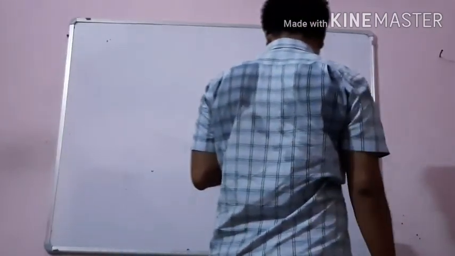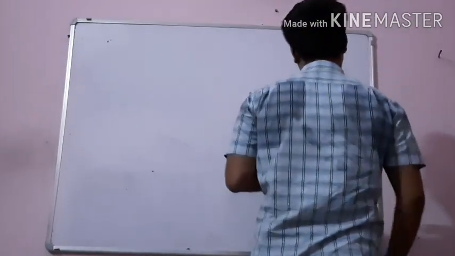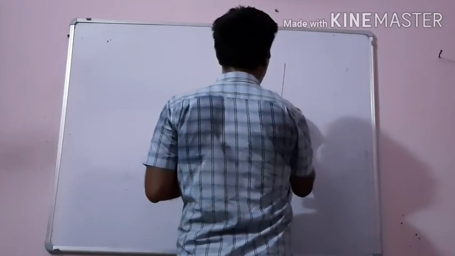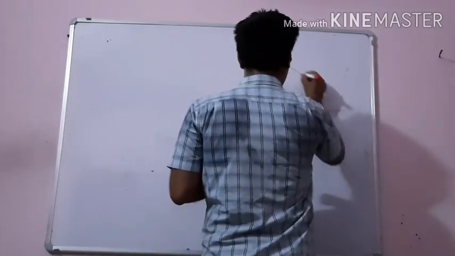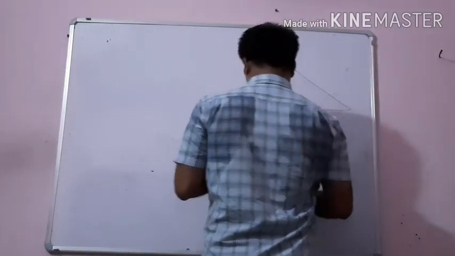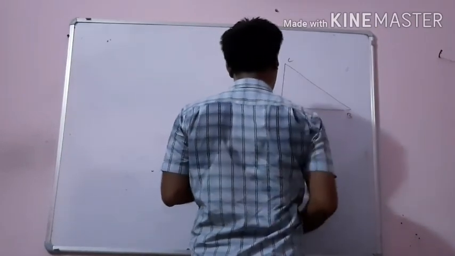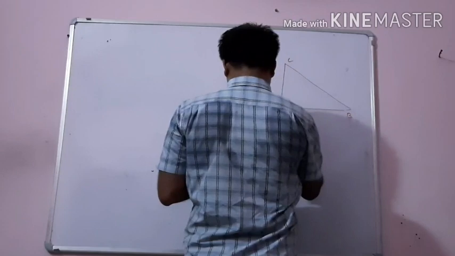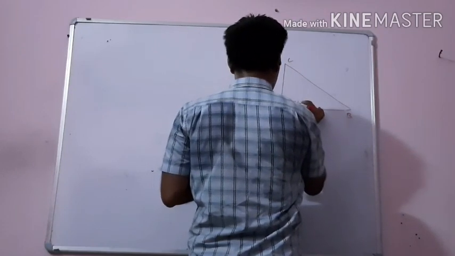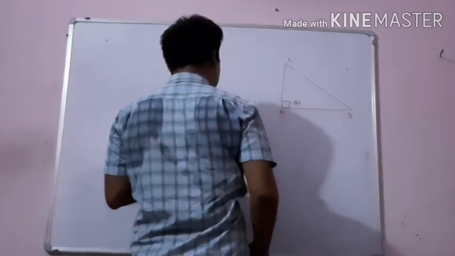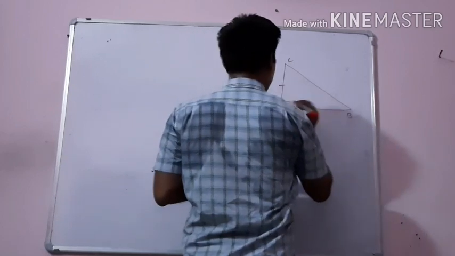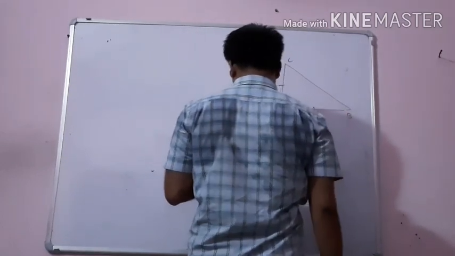ABC is a right angle triangle in which angle A equals 90 and AB equals AC. Find angle B and C.